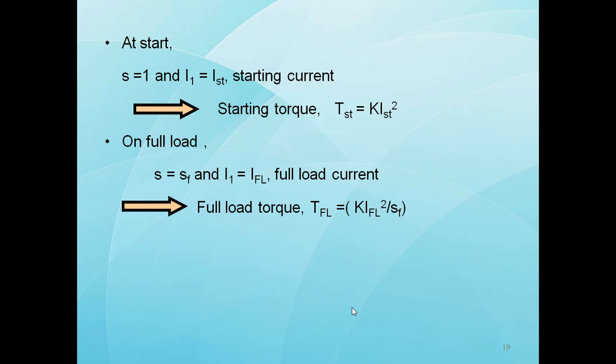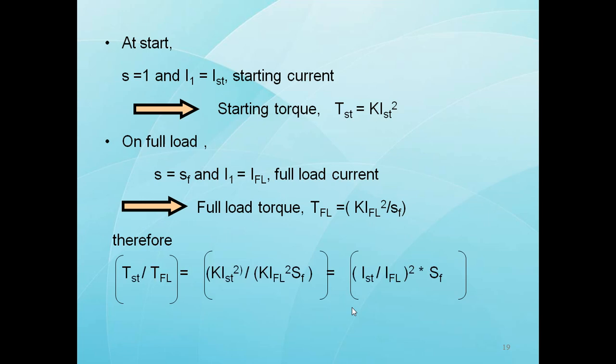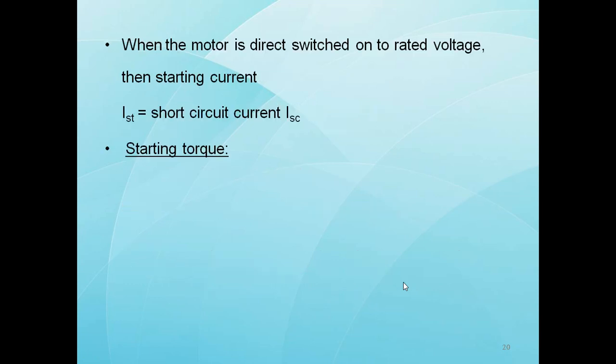K If square by Sf. Therefore T starting by T full load: the starting torque is K Ist square, and the full load torque is K If square by Sf. So that is (Ist by If) whole square into slip. This is the relation between T starting and T full load.